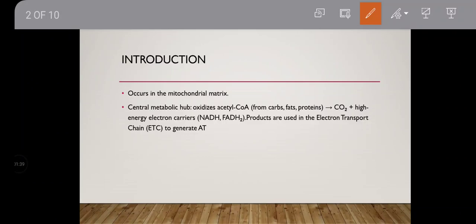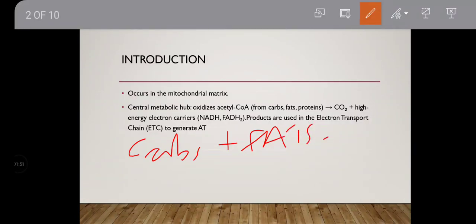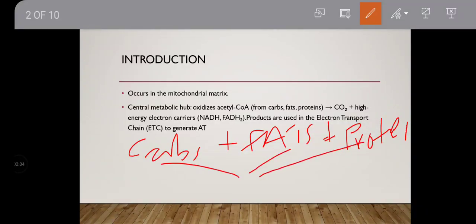So all metabolic pathways from carbs, that is glycolysis, fats, even proteins, all are coming to form what?